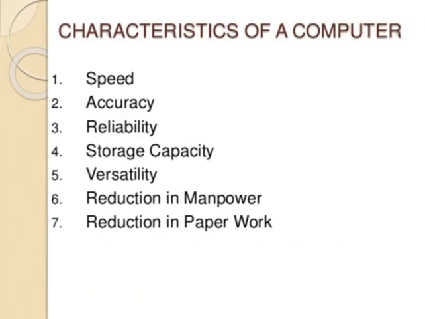Now, characteristics of computer. Characteristic means what features the computer is famous for. The first is speed. You all know the working speed of a computer is very high. Whatever instruction or problem you give to the computer, it will process it and give you output as soon as possible.